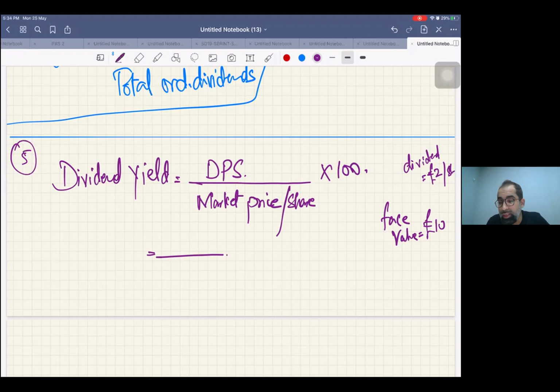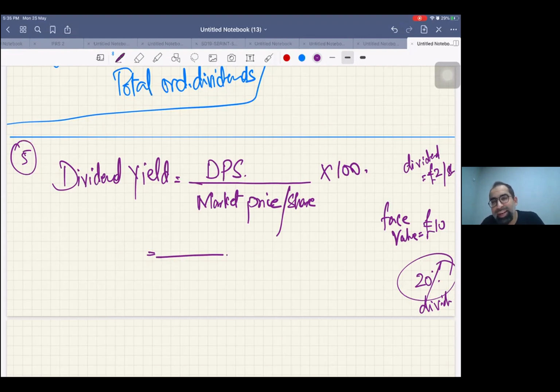They will announce in the media that we are giving 20% dividends. As a shareholder, you will think 20% is a very good number. But you know why 20% looks attractive? Because they are calculating it with face value as the base.